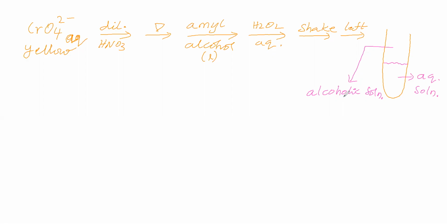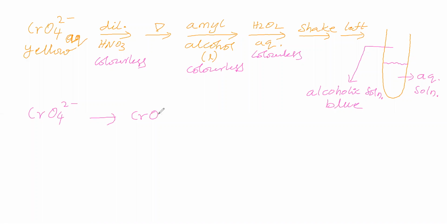Now we have this alcoholic solution and aqueous solution. Chromate is yellow in color, nitric acid is colorless, alcohol is colorless, hydrogen peroxide is colorless. Now this alcoholic solution is having blue color. Why is it so? What had happened here? That we will see. Now this chromate CrO4 2 minus is becoming CrO5.